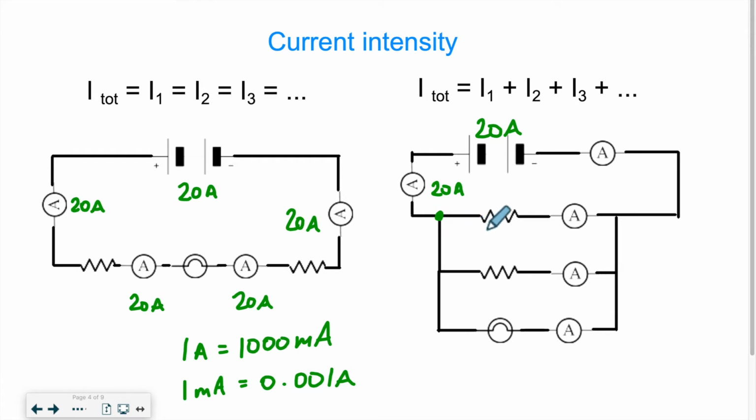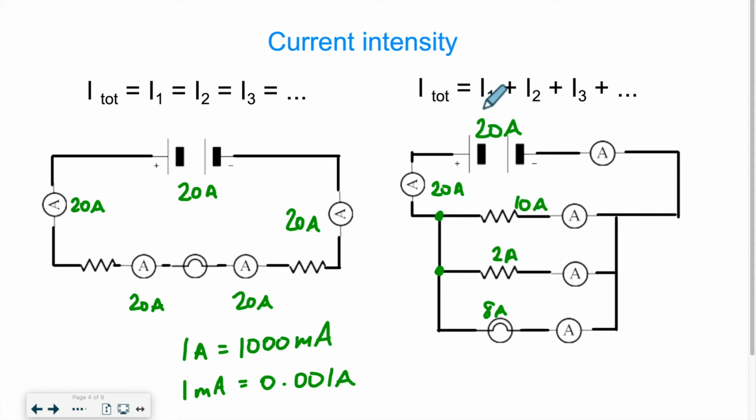So let's say they split 10 go here, and the other 10 go down here, but then they split again at this node. So let's say I had 2 amps that goes here, so that means I should have 8 that go here because they have nowhere else to go. It's not as if they can fly out of the circuit and just disappear. So I have 10 plus 2 plus 8 give me my 20. And that's what the law says.